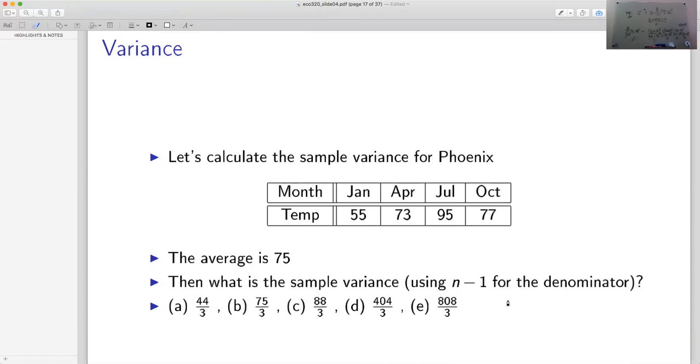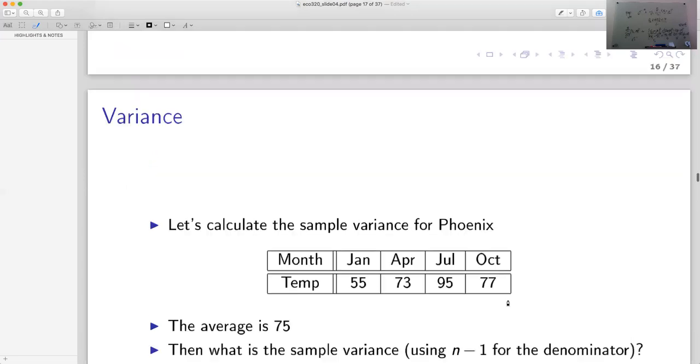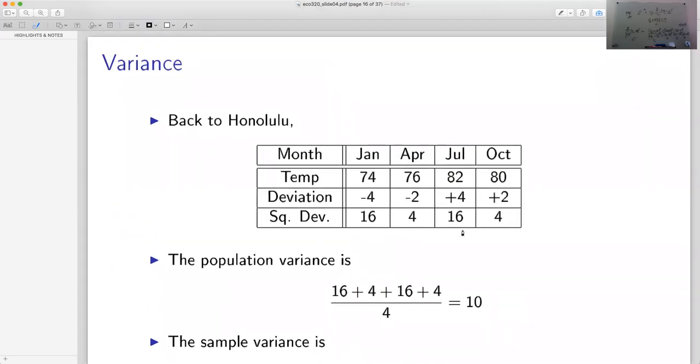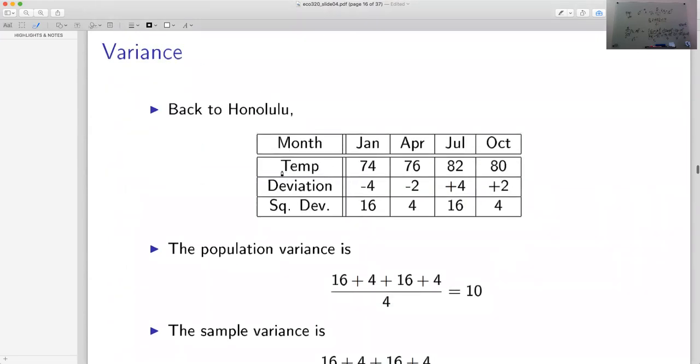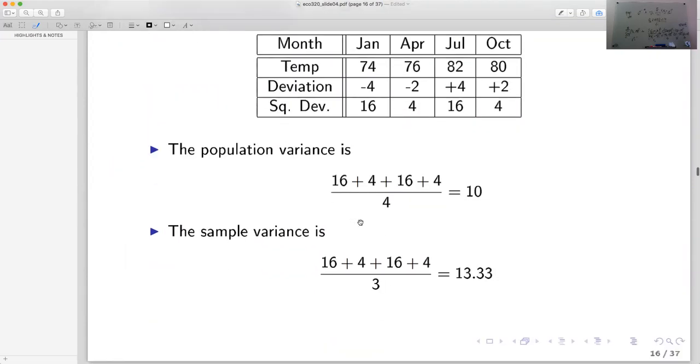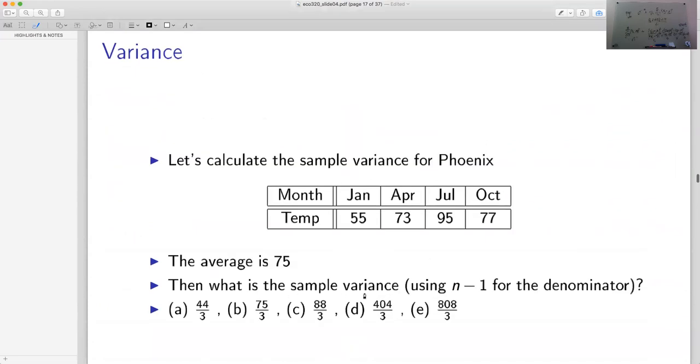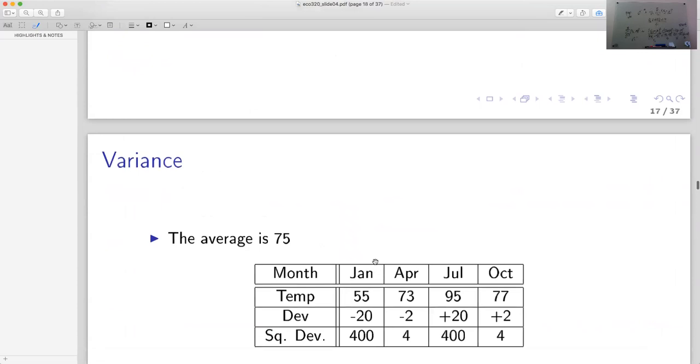Try to calculate that. You might want to pause this and spend like 10 minutes or so. Try to do exactly the same steps and see whether you can get the same numbers. Find the temperature and the deviations, and then finally get the squared deviations. Then just add everything and divide by n minus 1 if this is a sample variance, or just divide by n if this is a population.